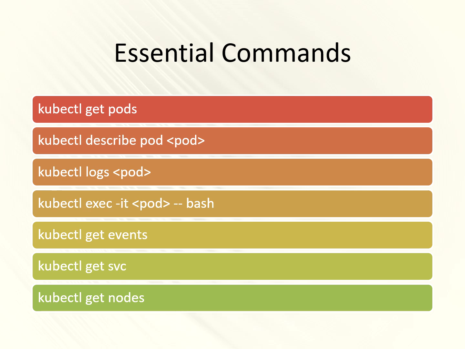Logs displays application logs. exec -it pod-name bash allows you to enter the container for further debugging. Some of the other most important commands are get events, get services, get nodes. If you are able to remember these few commands, you are already able to solve many Kubernetes issues.